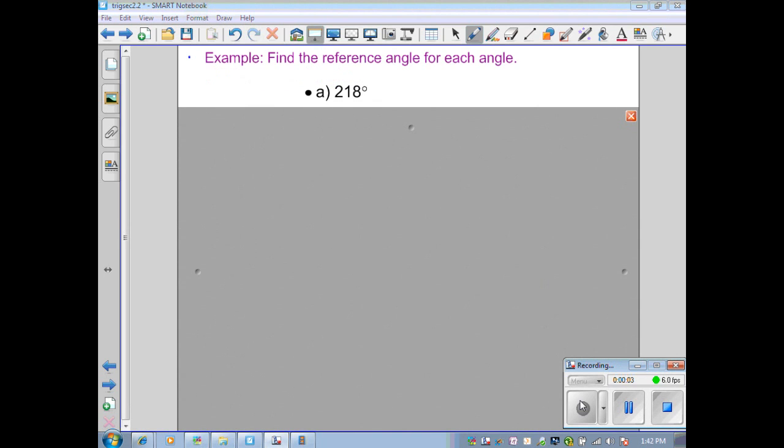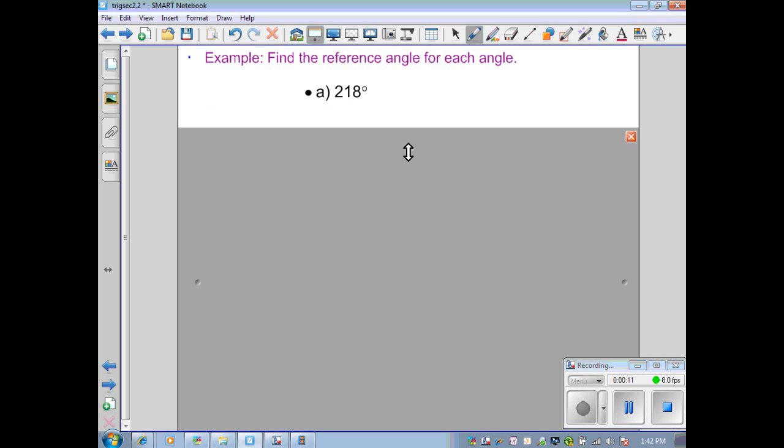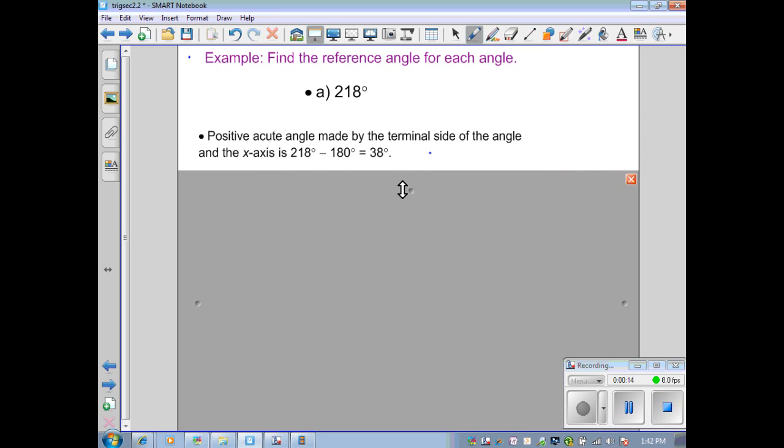Our next slide is an example for determining a reference angle. We want to find the reference angle for each angle. In this situation, we have 218 degrees. Our job is to find a positive angle made by the terminal side of the angle, which is at 218 degrees, and the x-axis. Therefore, our procedure is to take 218, subtract 180, which leaves us 38 degrees.